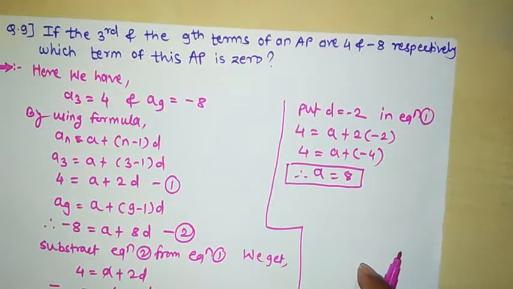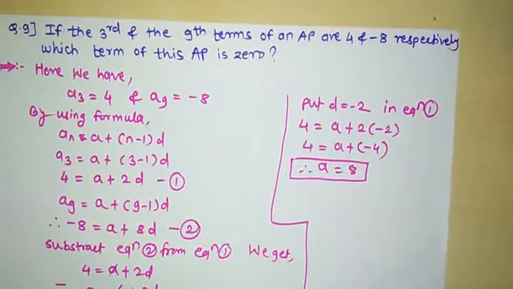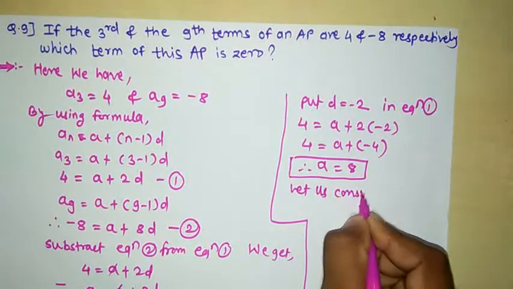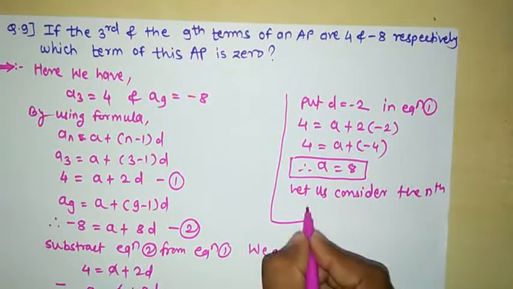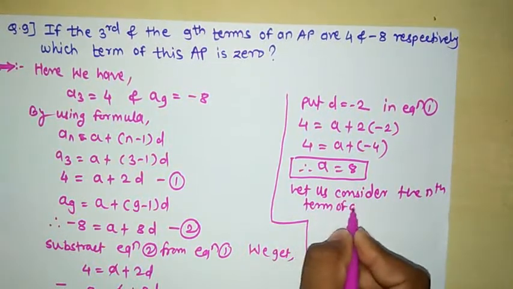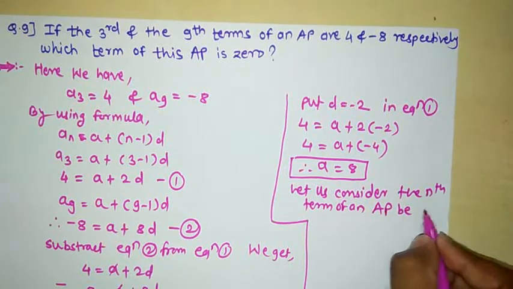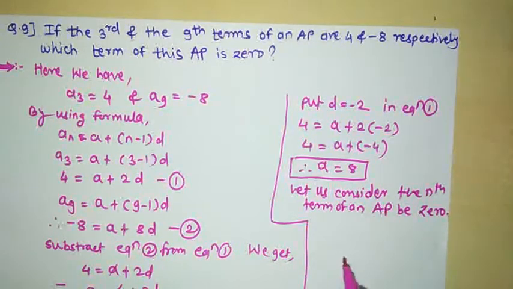Now what we have to find here: which term of the AP is 0. Let us consider the nth term of the AP to be 0.